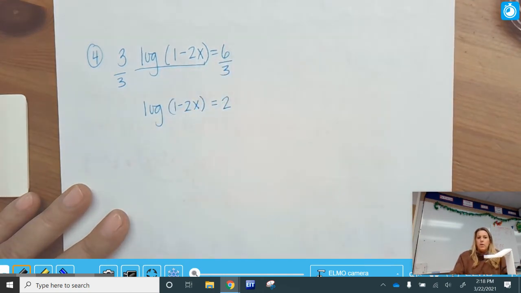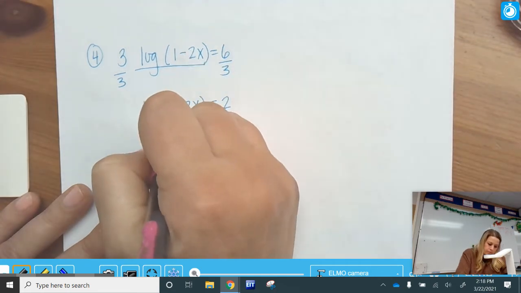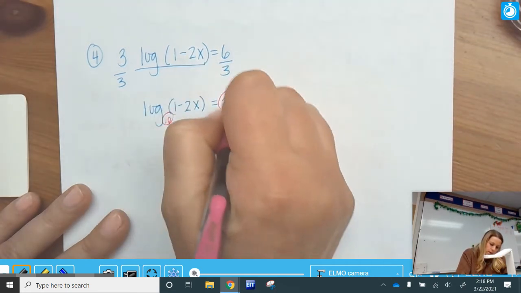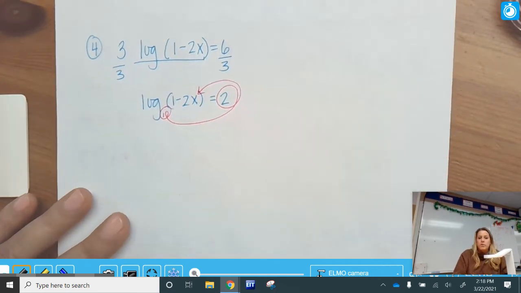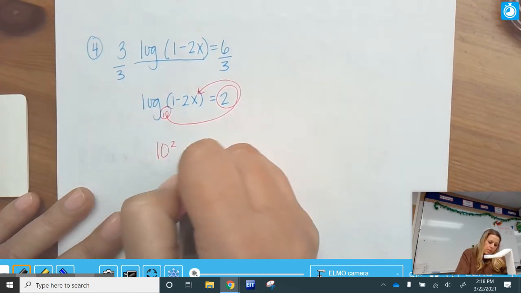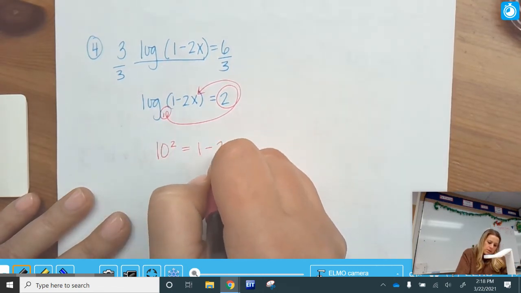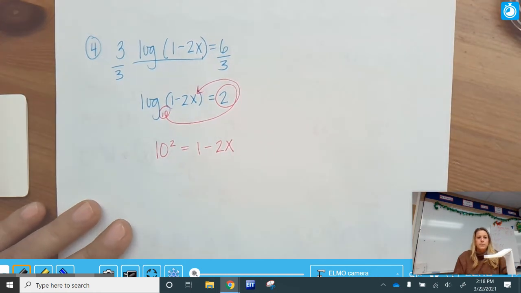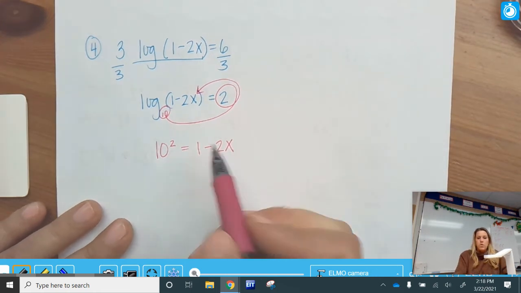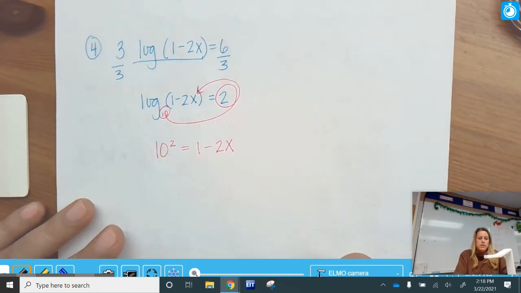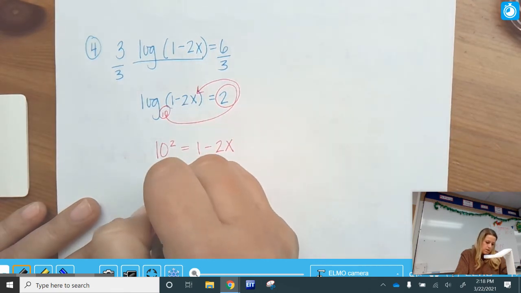Okay, now we're going to log it out. We're going to go around the world, loop-de-loop it out. 10 to the second power equals 1 minus 2x. Now we're going to square the 10 to get 100.